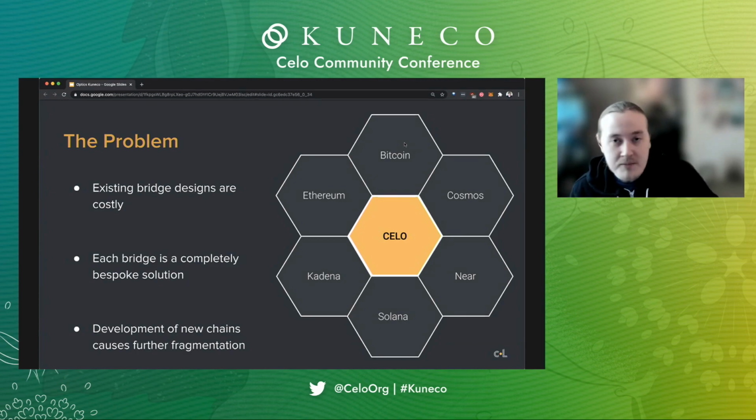And so as more and more chains come online and you need more and more of these relays, you see a huge fragmentation in bridging technology and ecosystem. Right now, almost all bridges deployed are completely custodial and trusted. The major exceptions are tBTC and the Near Rainbow Bridge.